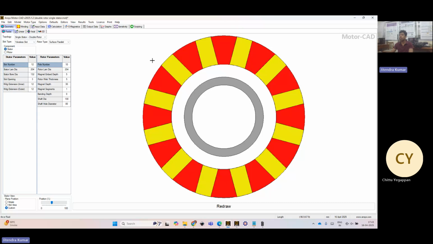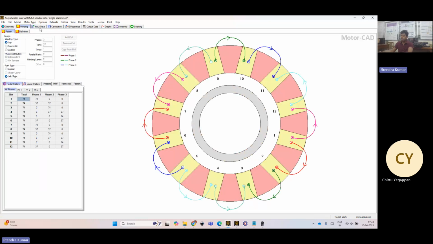Along the tooth, they will be wound, and in radial flux they used to get wound like this. Are you able to visualize the difference in winding? Yes, sir. Great. That is regarding winding.